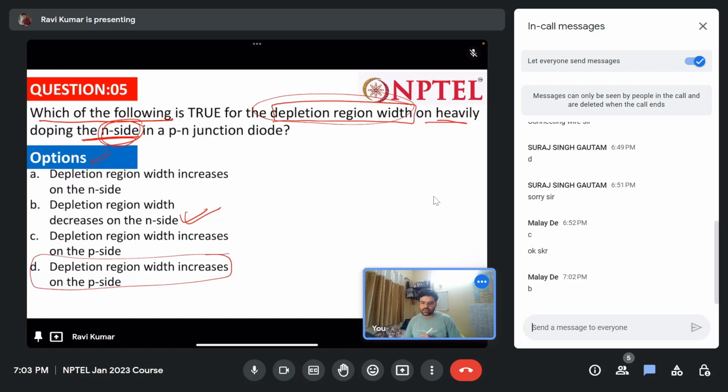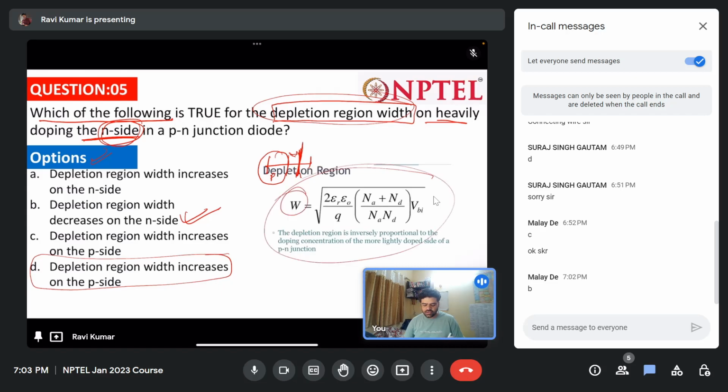Because doping is not happening on the P side, and this width is always divided into two halves. This is the N side, this is the P side, so it won't impact, but it will decrease. And this is the formula which says width is inversely proportional to concentration. So the answer is B.